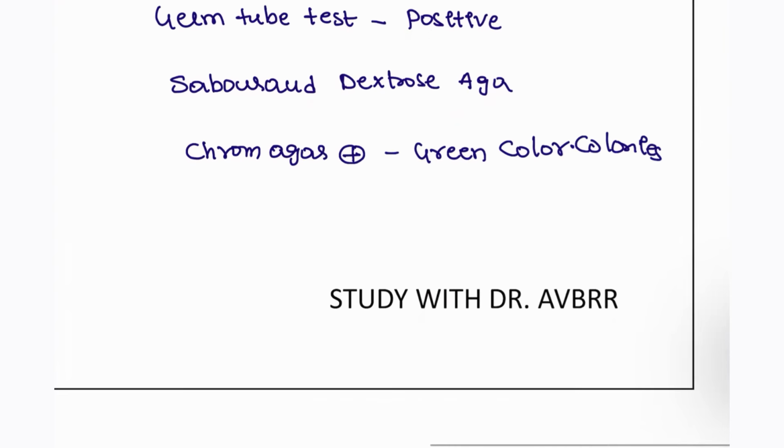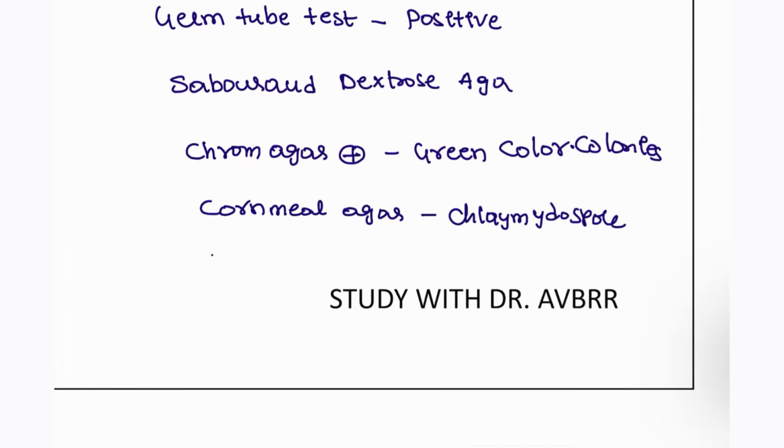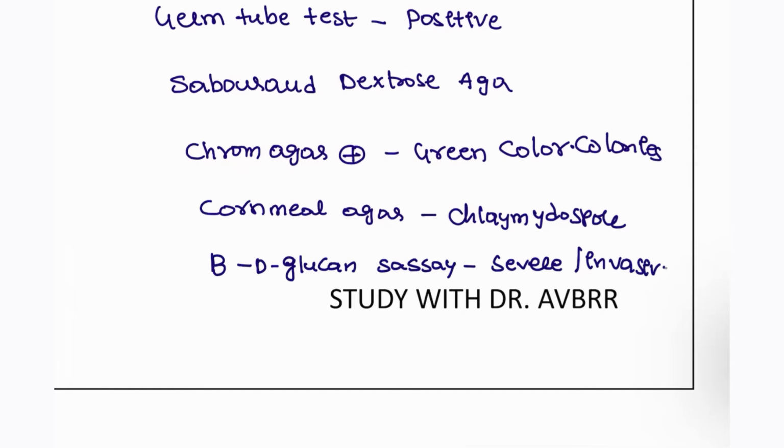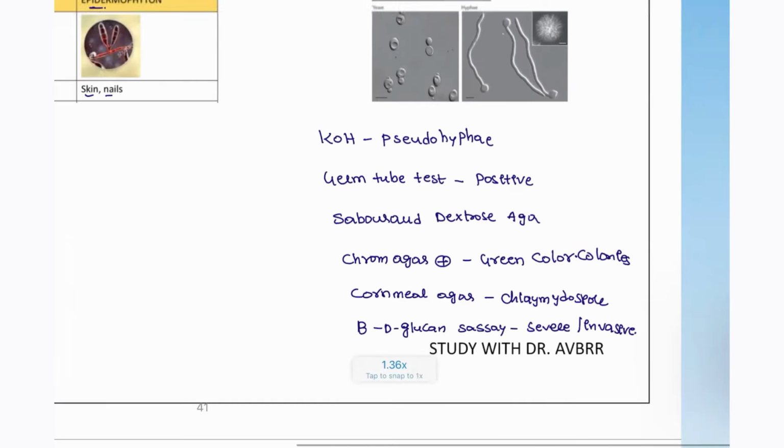Next, cornmeal agar will show the chlamydospores of Candida. Next, another test is the beta-D-glucan assay, which will be positive in severe, invasive Candida. Okay, these are some of the Candida tests that you have to take note of.